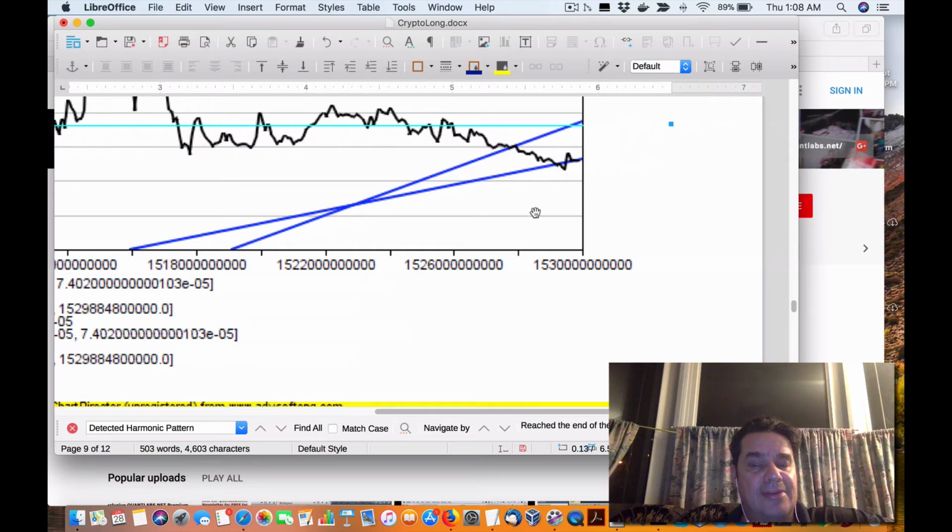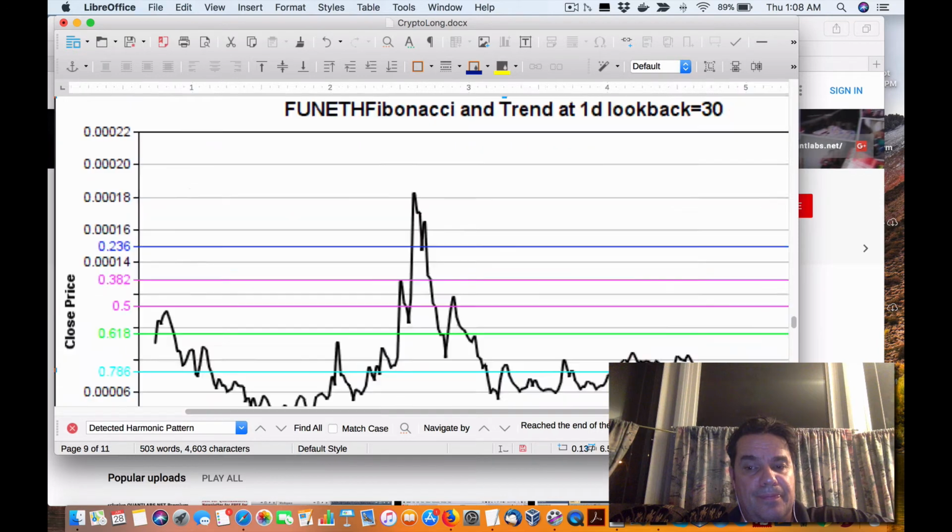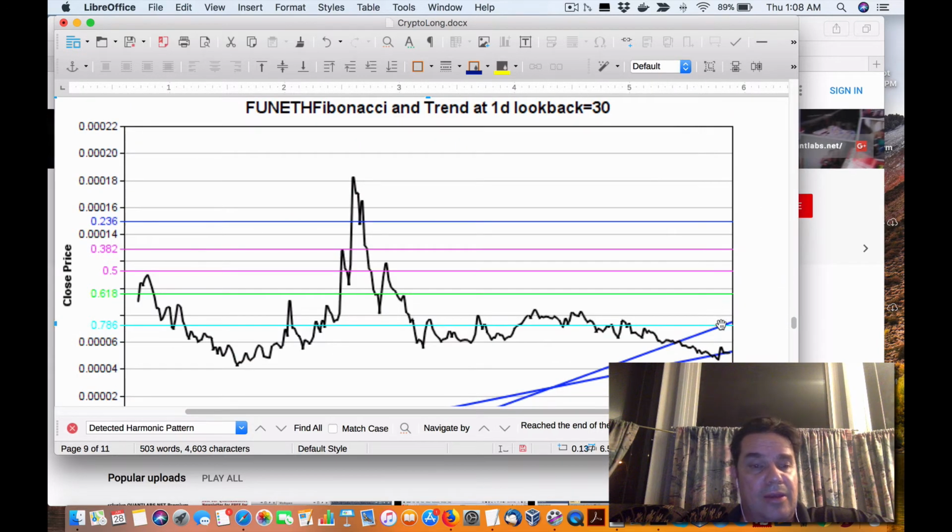And then as hopefully the price goes up, we can swap out new support and resistance lines using these Fibonacci levels, and then maybe retrace them.